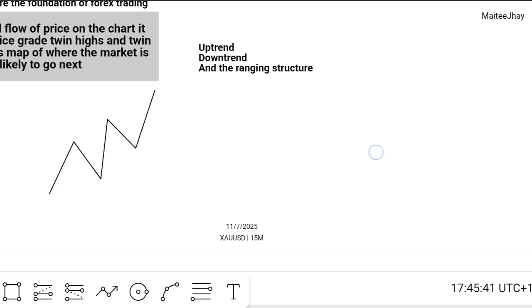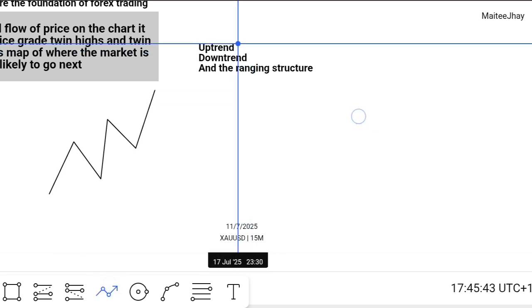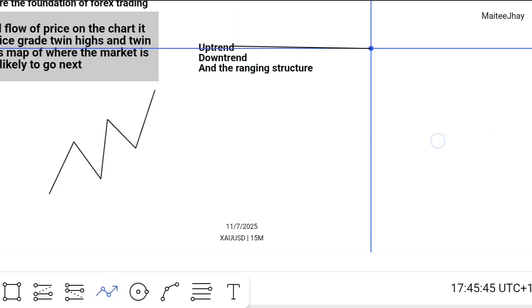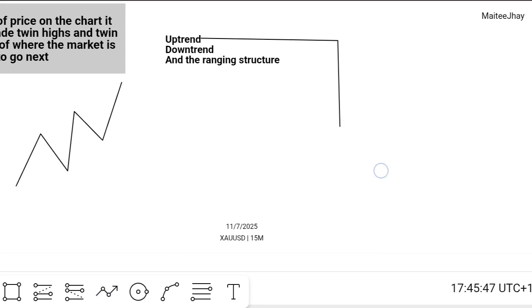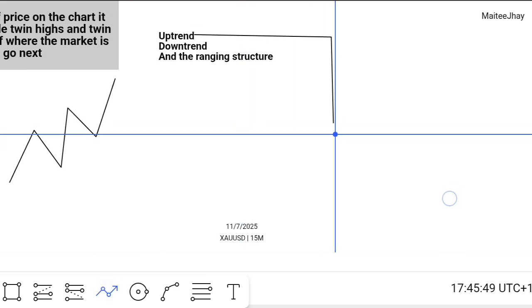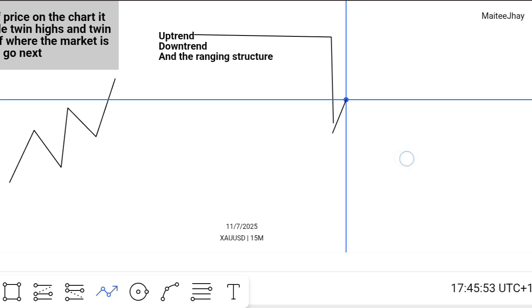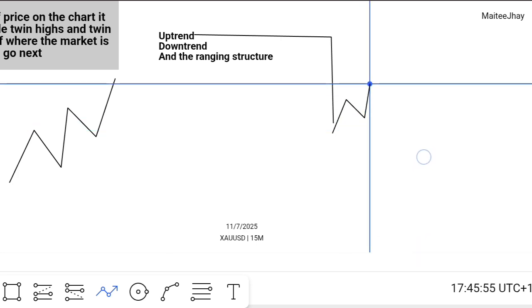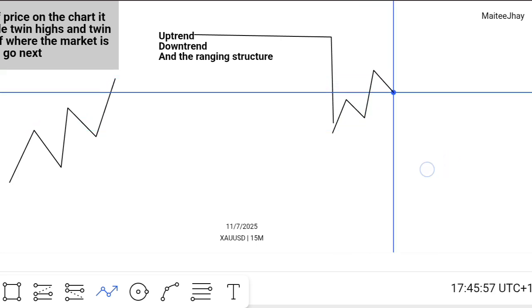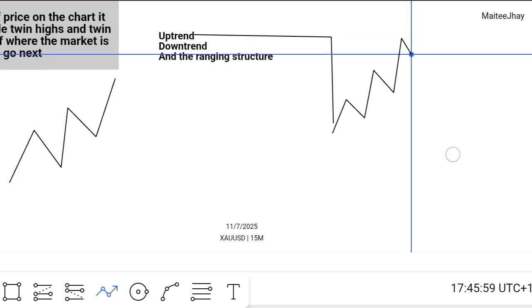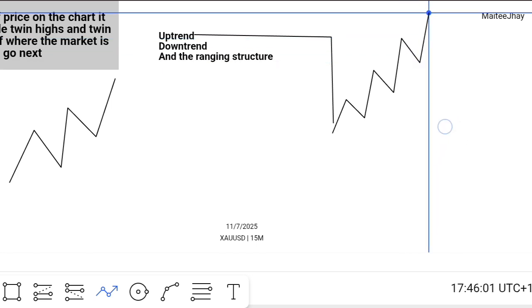And for the uptrend, it is a scenario whereby you have price making a series of higher highs, higher lows, higher highs, higher lows, higher highs.